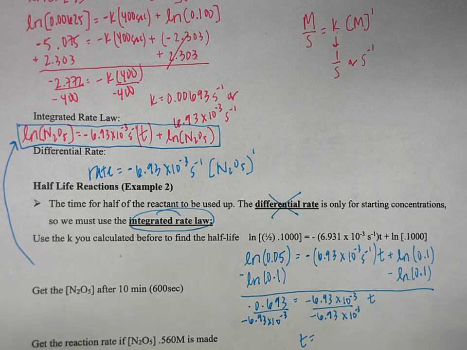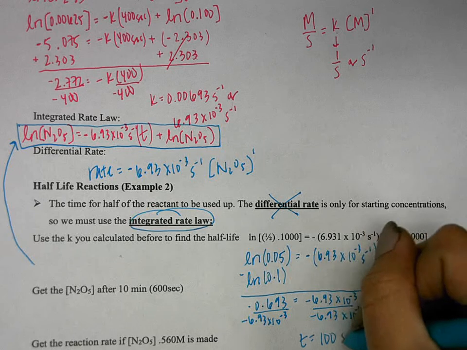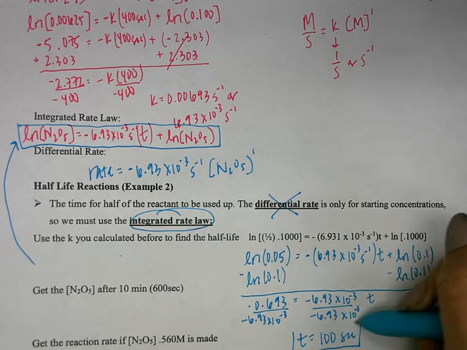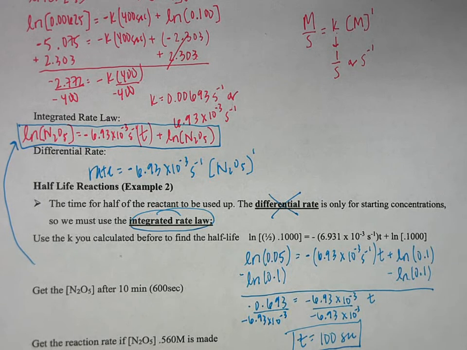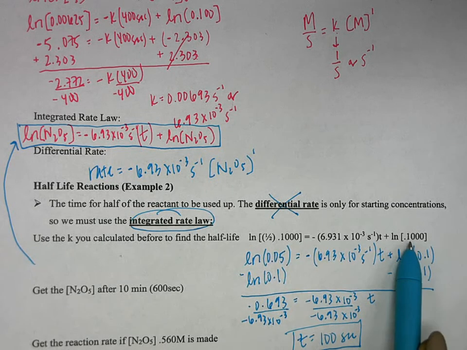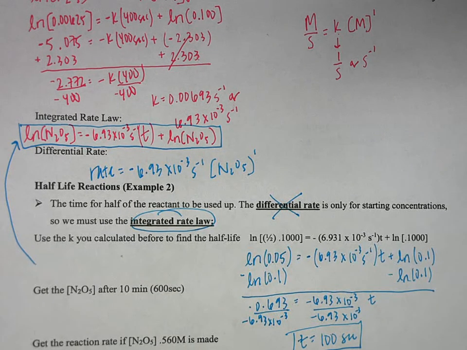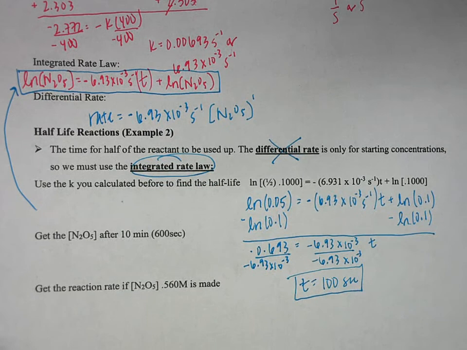So our half-life time would be 100 seconds. We can find our half-life time by plugging in what our final concentration would be based off half of the initial amount, and then we just solve for our time. So we get time is 100 seconds.